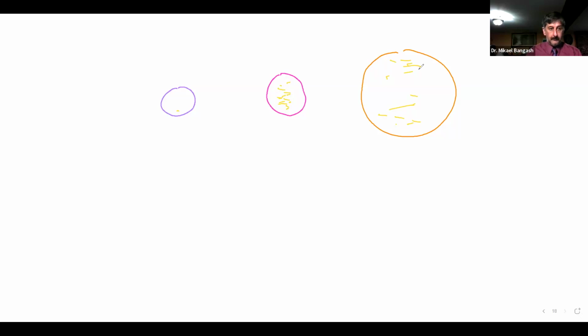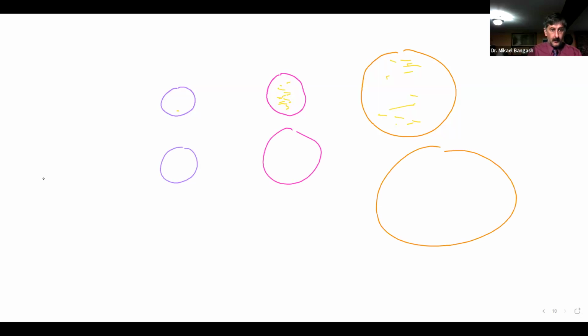But if you look at the bladder, the inner wall of the bladder is thrown into these folds.